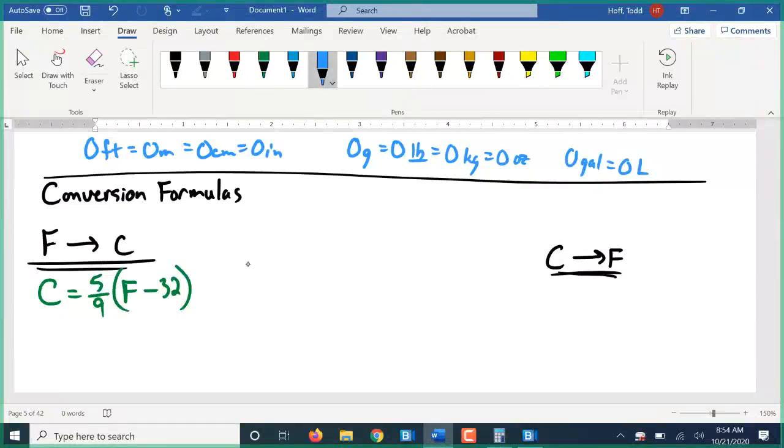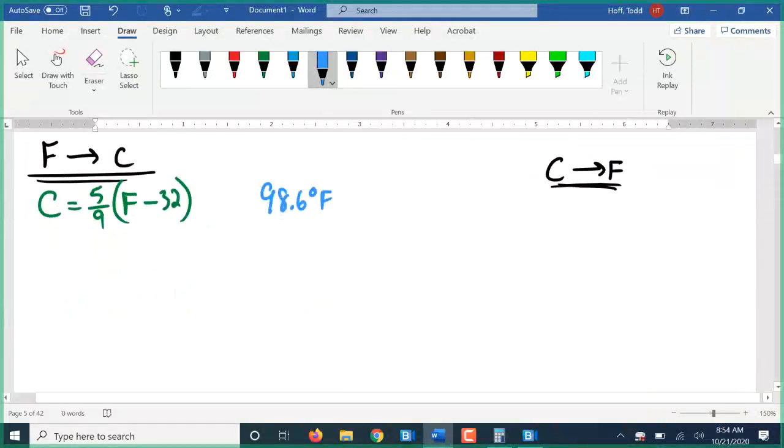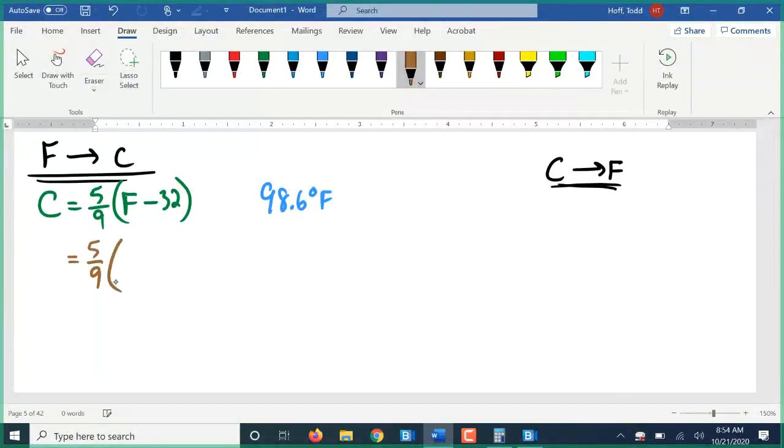So let's use an example here. Human body temperature, 98.6 degrees Fahrenheit, is considered to be human body temperature. Let's see what that's going to be in degrees Celsius. So we're going to plug that in here. 5/9 times, for the F, we put in 98.6. Then we subtract 32.